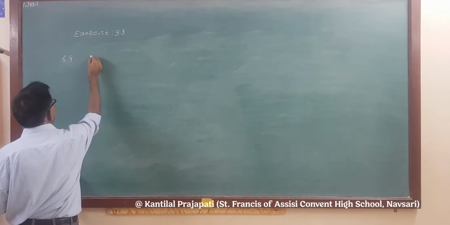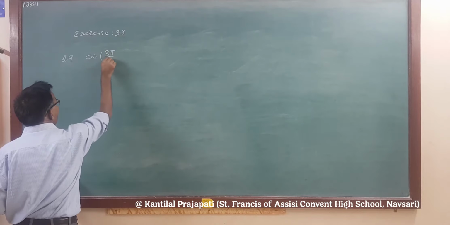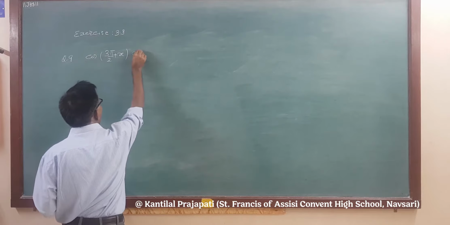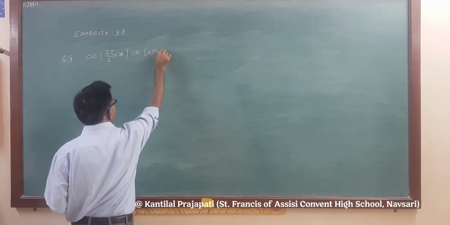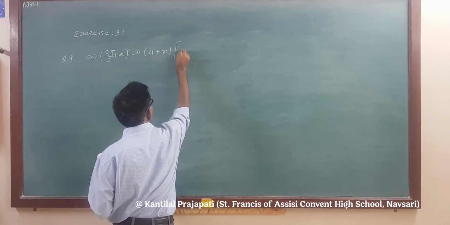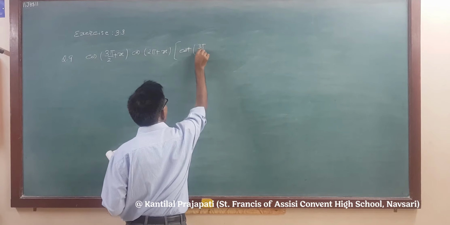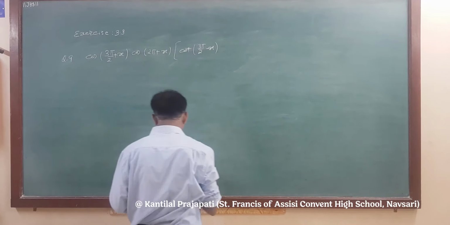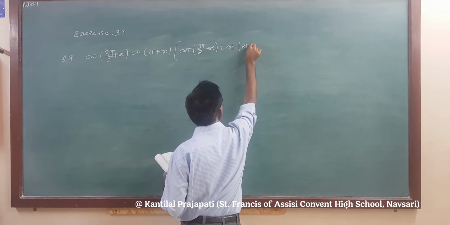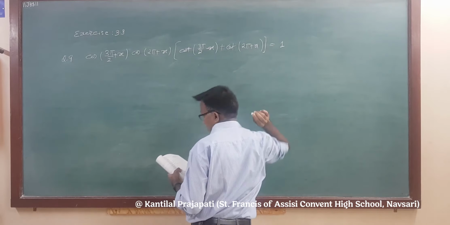Question number 9. Cos of 3 pi by 2 plus x, cos of 2 pi plus x, into bracket, cot of 3 pi by 2 minus x plus cot of 2 pi plus x, is equal to 1.